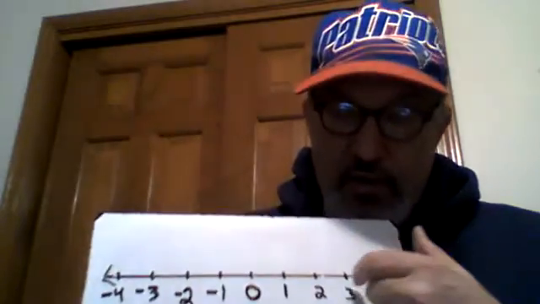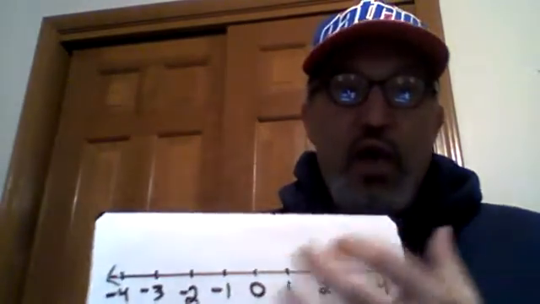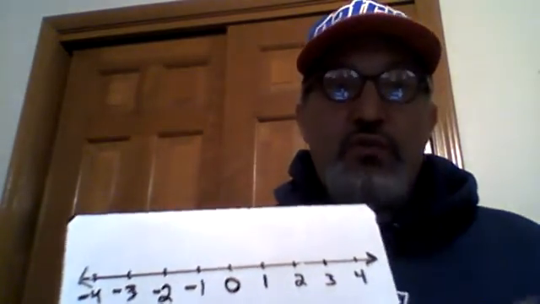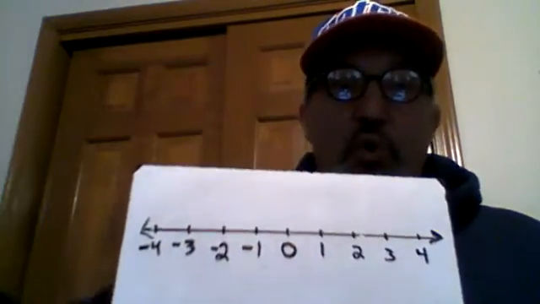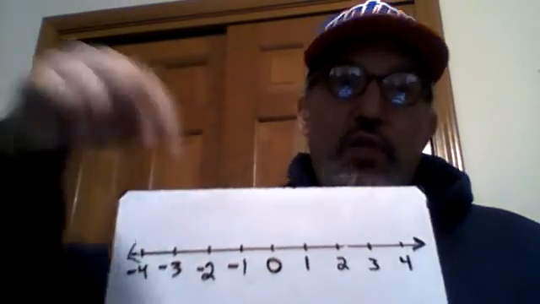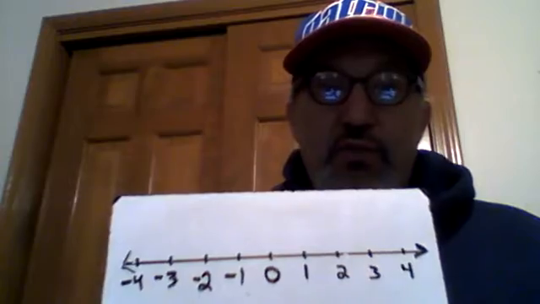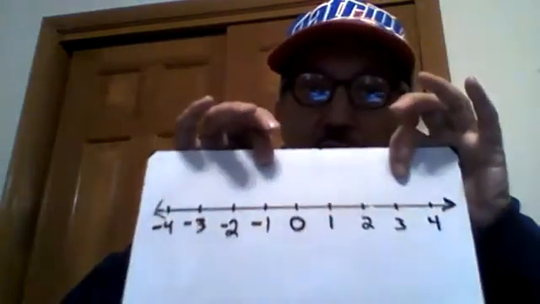Geometrically, we can say that 3 and negative 3 are reflections of each other across 0. When you reflect a point across 0, you go to the other side of 0 by the same distance. Negative 3 is a reflection of 3 across 0, and the other way around. 3 is a reflection of negative 3 across 0.